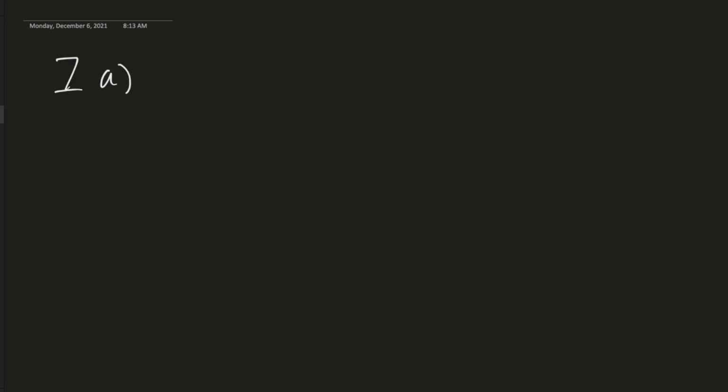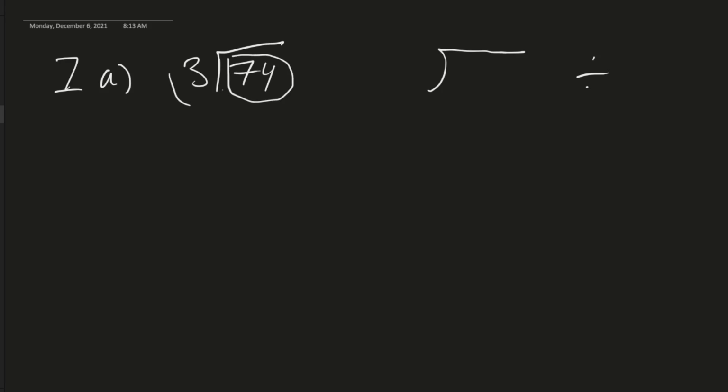What you have is this question that says 74 divided by 3. This weird thing is how you're supposed to draw it, but I always draw it like this. This is basically the same thing as divide, except you put the number that is being divided up here, and you put the amount of groups, you could think of it, here.